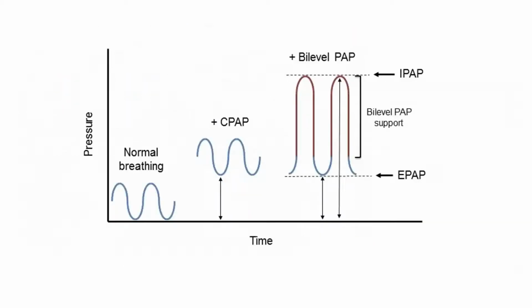This slide, which I already talked about, shows normal breathing and the benefit of applying positive pressure for CPAP, and the difference between CPAP and BiPAP. By increasing the gap between EPAP and IPAP, we're actually controlling the tidal volume and blowing off more CO2, since we already said that we can control CO2 by increasing either tidal volume or respiratory rate.